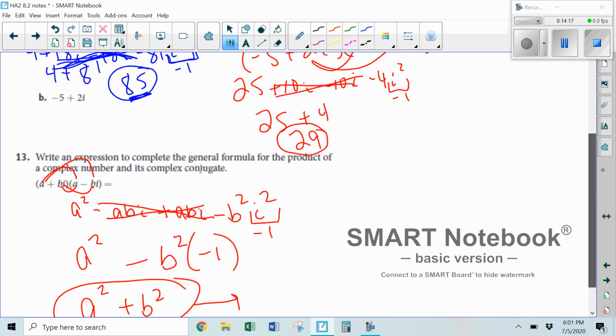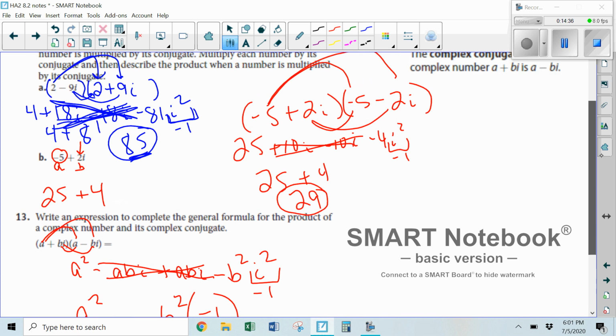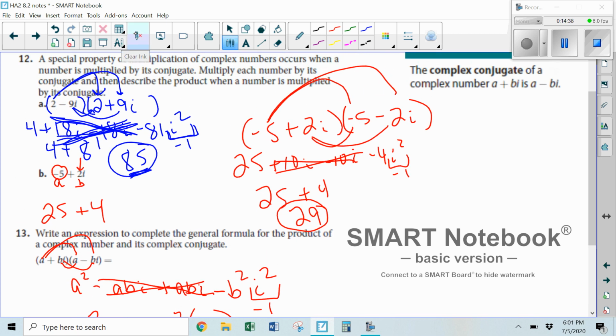Let's look and see if that happened above here. If this is my a and this is my b, what is a squared? 25. What is b, which is the part without the imaginary, the 2? b squared is 4, which gives me 29. Let's look at the top one. We got 85.